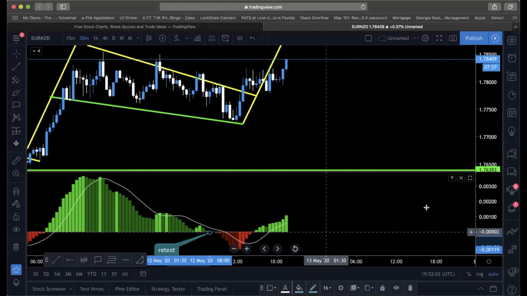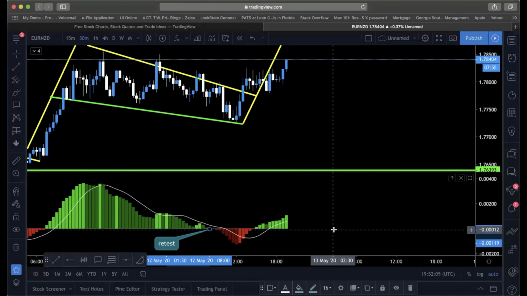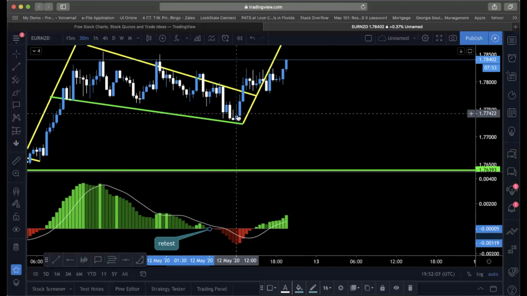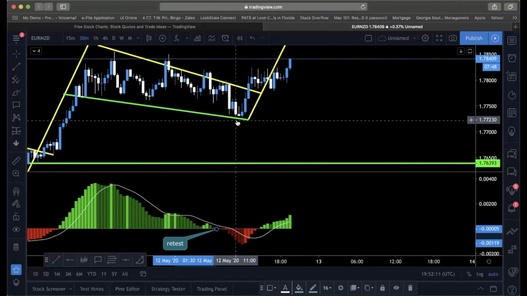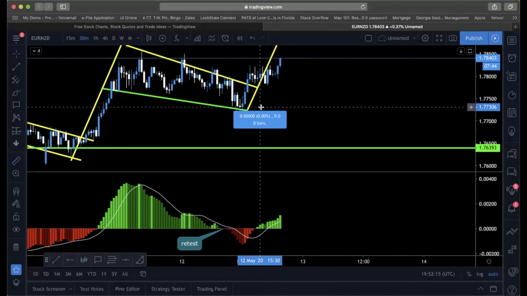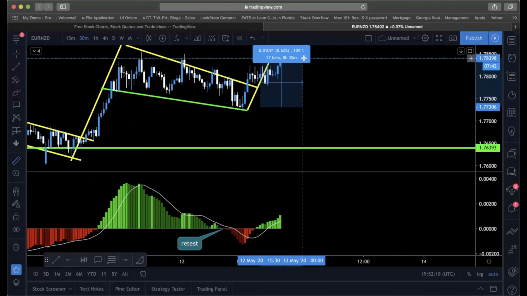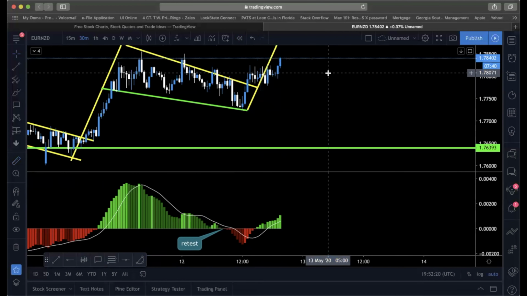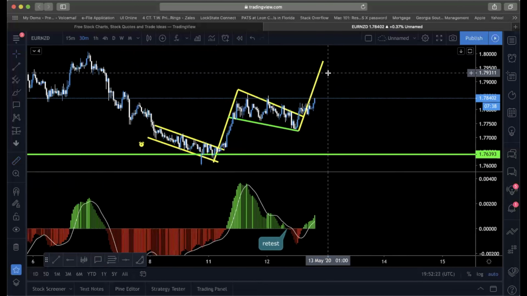And notice how when you see the momentum start to shift up, this was your zone to buy. And you literally caught off the bottom of that flag 109 pips and counting. That means this trade is still going on.